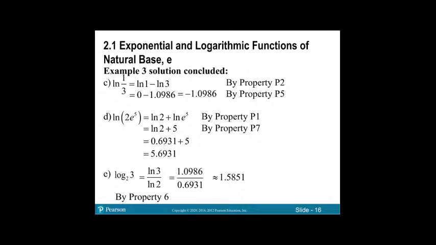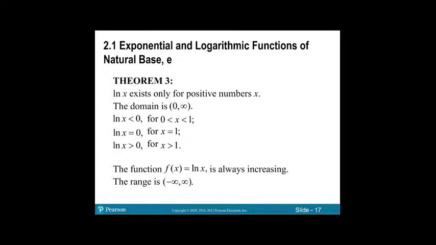So we have this next theorem. Natural log of x exists only for positive numbers x. The domain of log is strictly positive. The graph has a vertical asymptote on the y-axis, and then really, really close to the right side of 0 it's nearly a vertical line, and then it kind of curves off to the right.